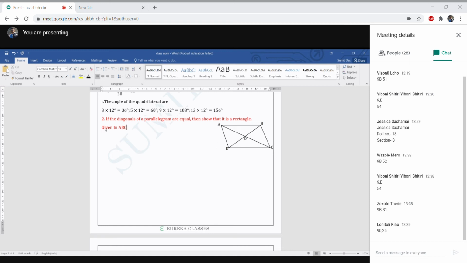In parallelogram ABCD, AC equal to BD, because it's saying that they are equal, right? Then AC equal to BD.